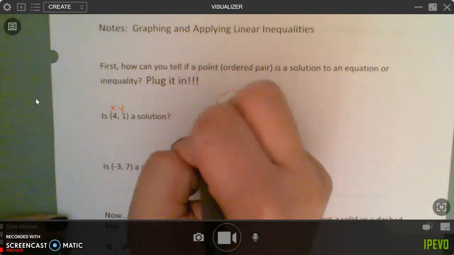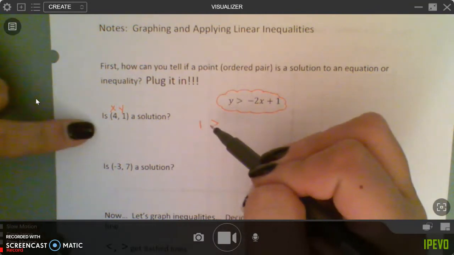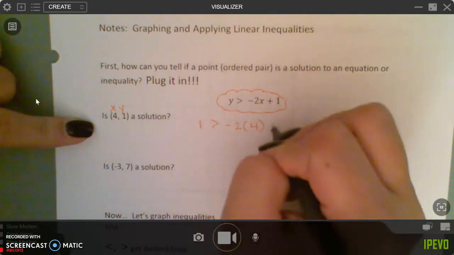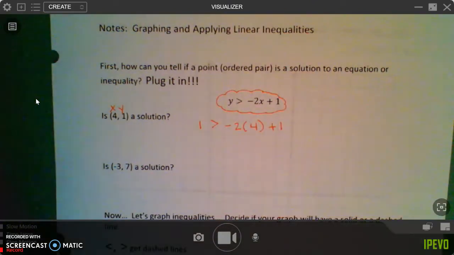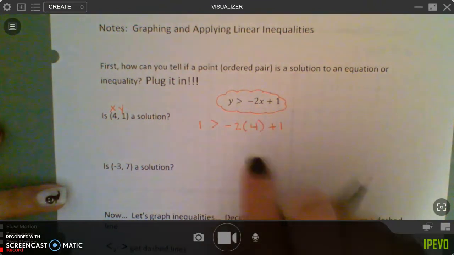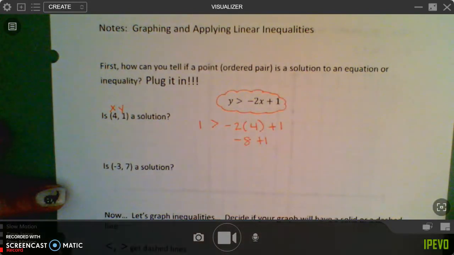So it's going to be 1 is greater than, because that was my y over here, -2 times 4 plus 1. Okay, so next we have to actually do out the math. So -2 times 4 is -8 plus 1.